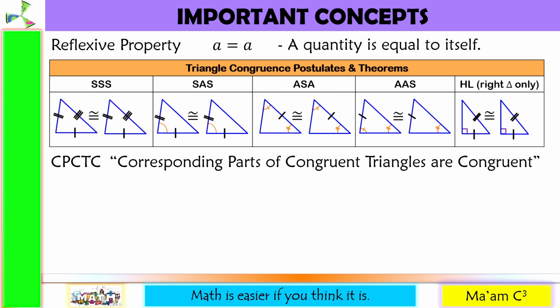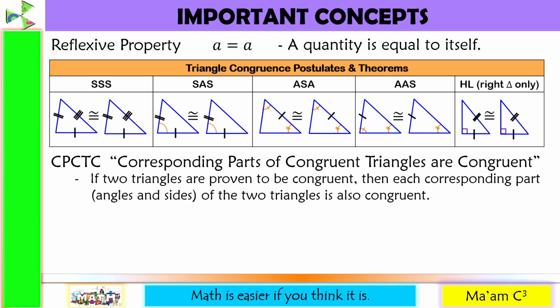So it means if two triangles are proven to be congruent, then each corresponding part, angles and sides, of the triangles is also congruent. For instance, in SSS, if we have proven that these two triangles are congruent, then the corresponding angles of the two triangles are also congruent.